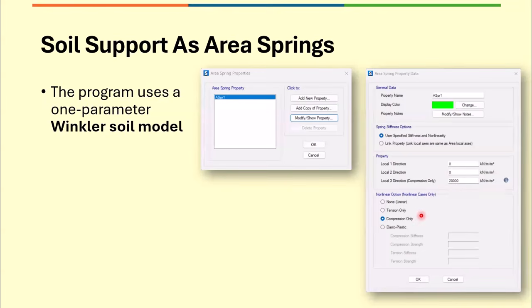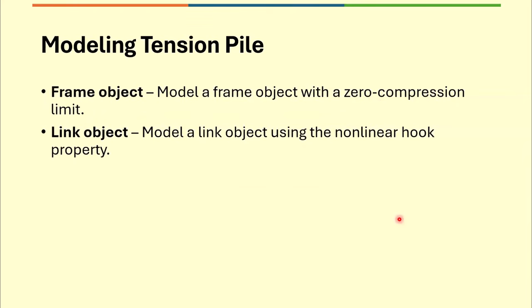It can be compression only or tension only or elastoplastic. So for all of these, it requires a nonlinear load case. If the case remains linear, irrespective of these specifications for the nonlinear option, it is going to behave linearly. That means tension and compression both exist. We'll come to that more later.